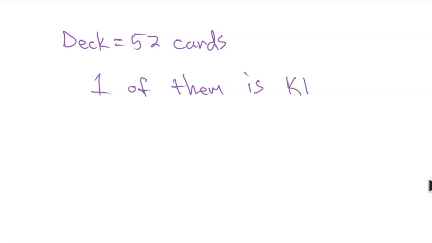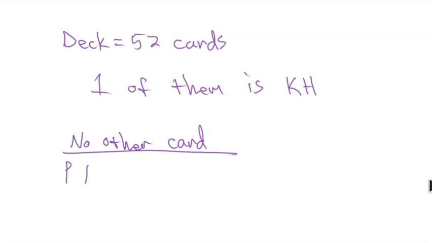We're going to write K and then H for king of hearts. If no other card was drawn, what's the probability of drawing the king of hearts? Well, there are 52 cards and one of them is the king of hearts, so there's a 1 in 52 chance.